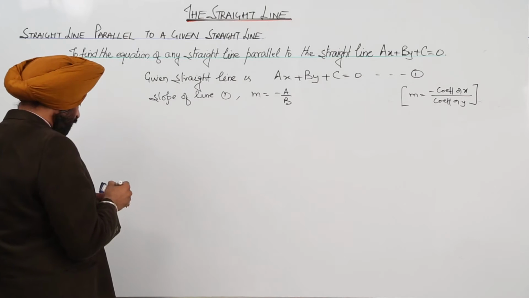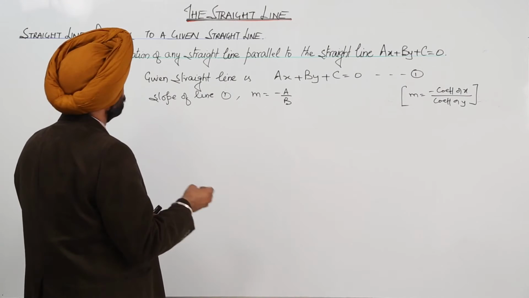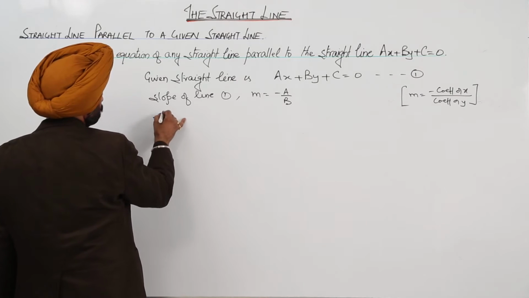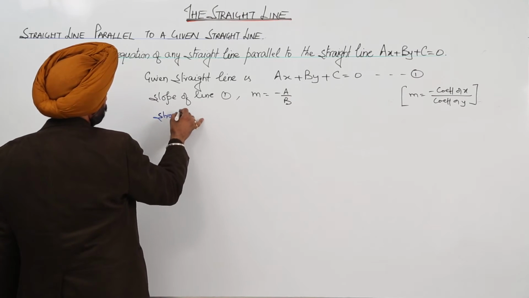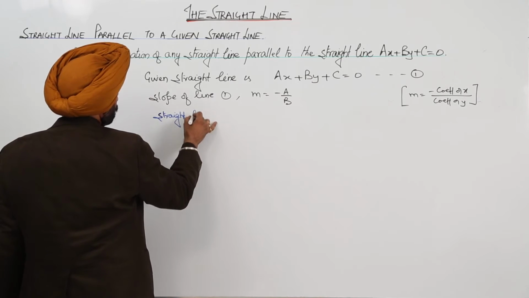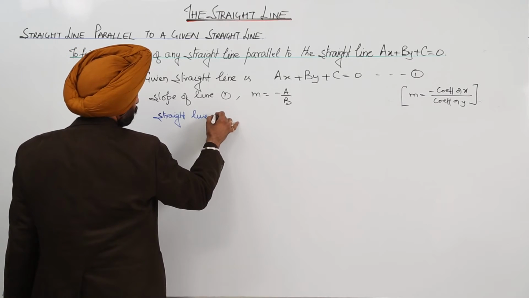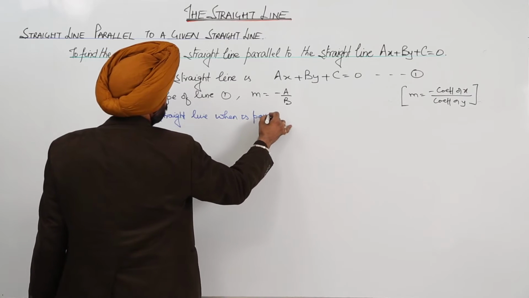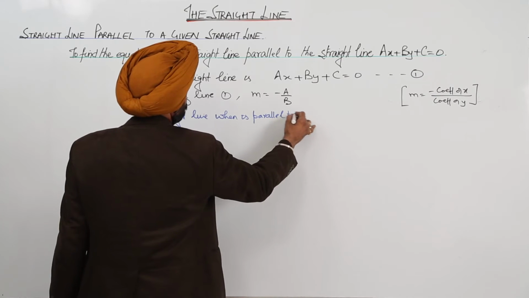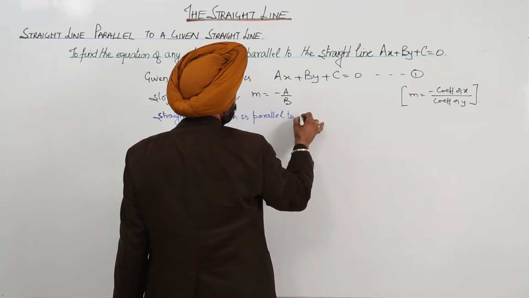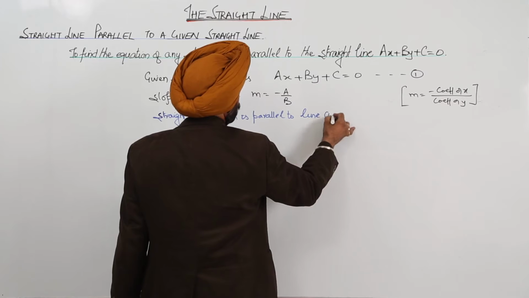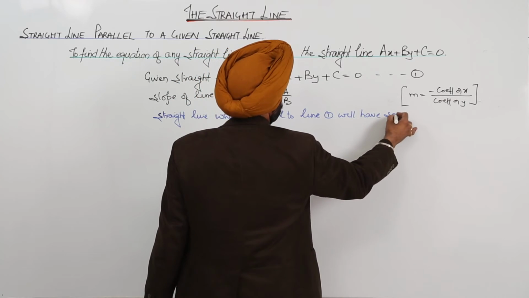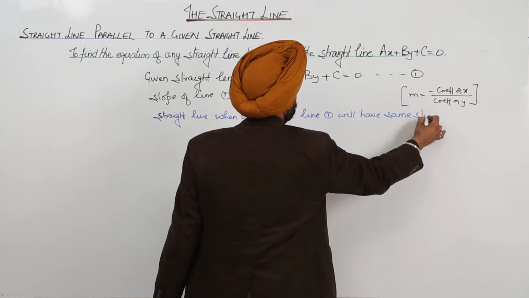Okay. Now by the condition of parallelism, a straight line which is parallel to line 1 will have the same slope.